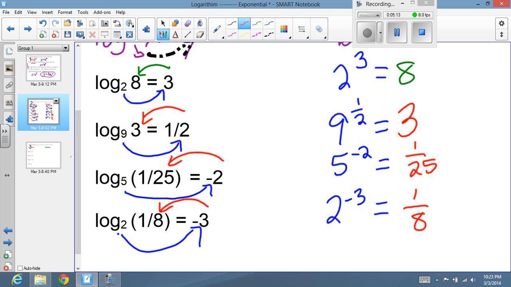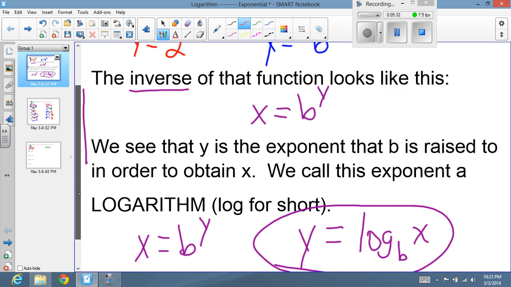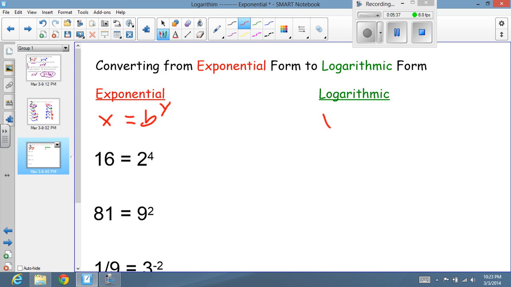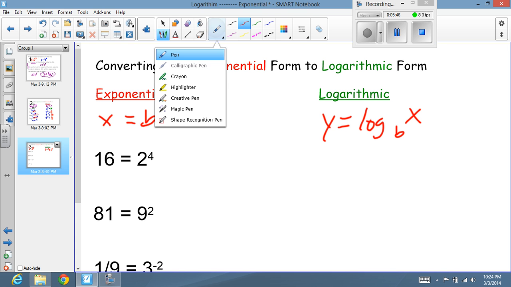Converting from logarithmic to exponential. Now we can also convert the other way, from exponential to logarithmic. So this is your x equals b to the y. And remember, our logarithmic is going to be, if you go back to here, y equals log b to the x. Now remember that b means base.